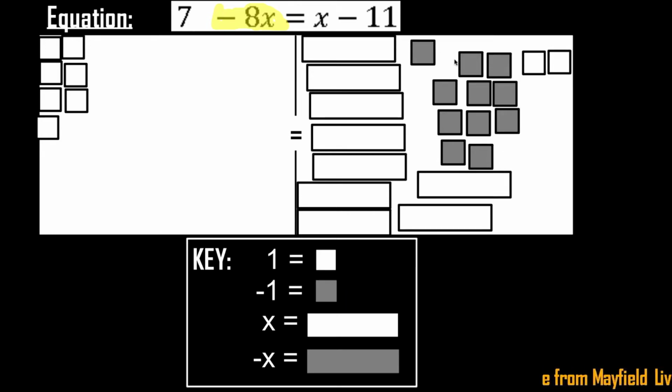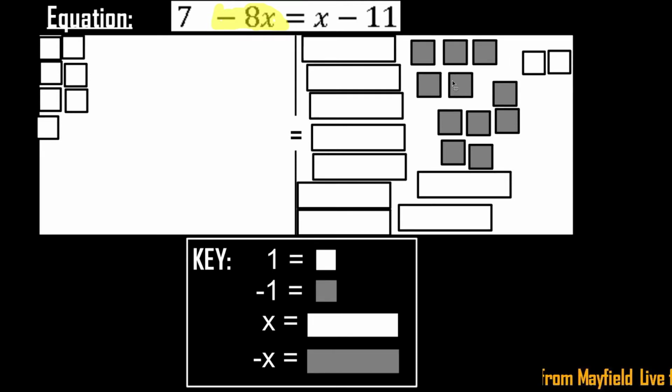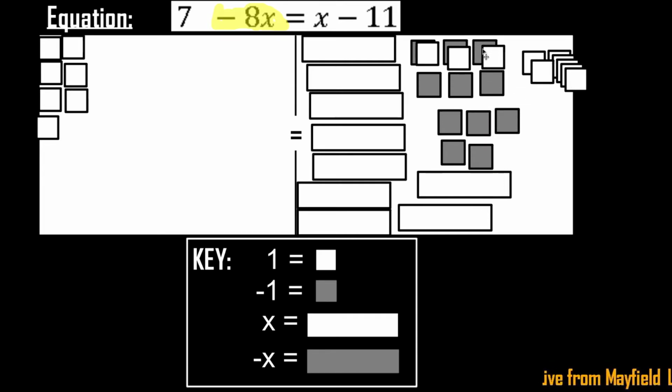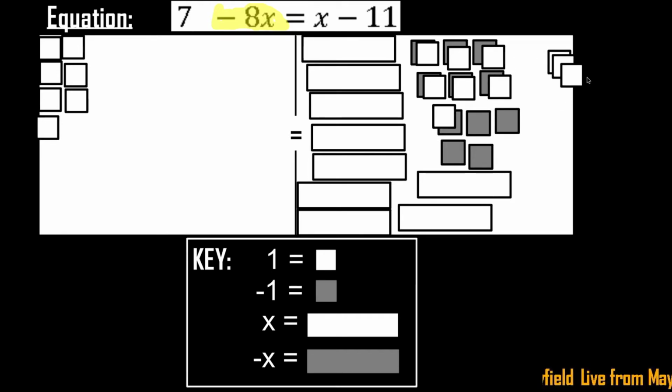Let's make this a little bit easier for ourselves. Alright, so we got all these in here. Again, I can start showing my 0 pairs on one side. And I need one more.